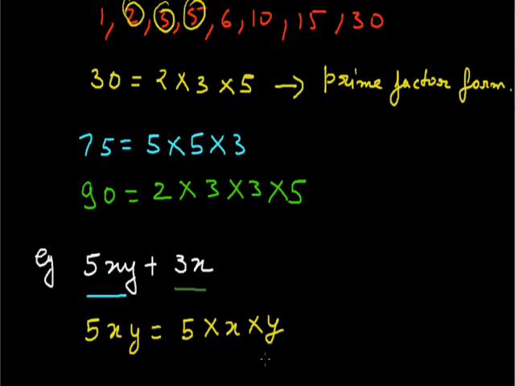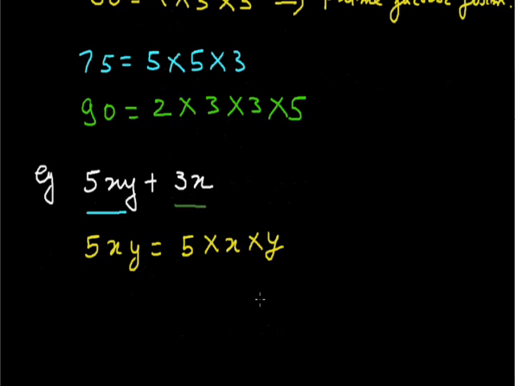This is the irreducible form of 5xy, since 5, x and y cannot be further reduced into factors. Then we can say that the factors of 5xy are 5, x and y.